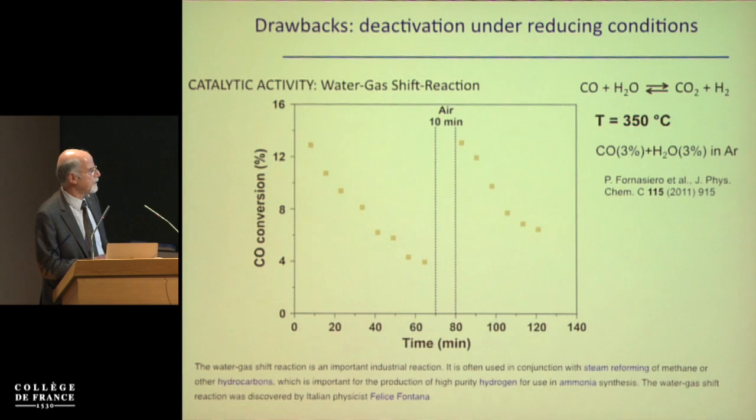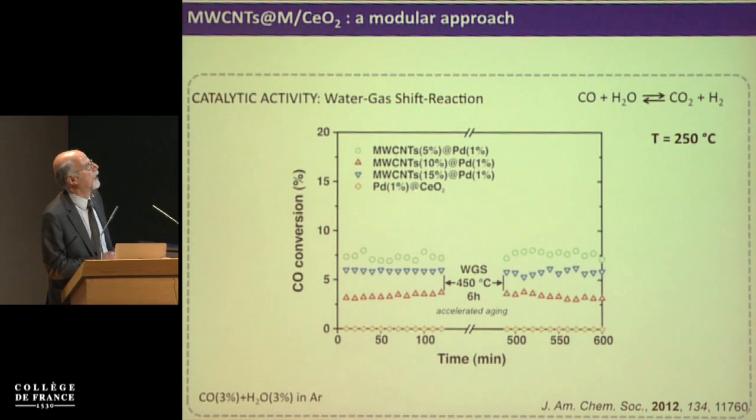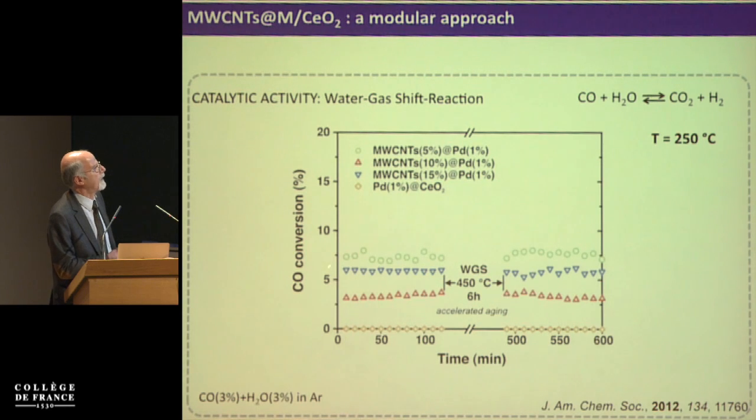So this was a problem, and we decided to use lower temperatures than 350 degrees by using the new constructs of palladium nanoparticles on cerium oxide on top of carbon nanotubes. As you can see here, the conversion is lower, but it's constant.